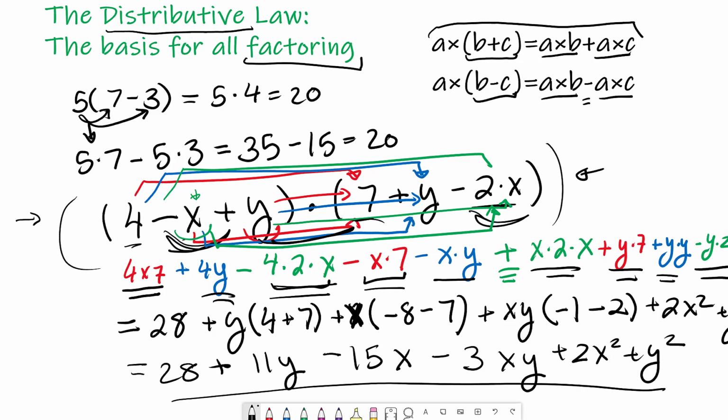But what we've done again is we've taken every term in this parentheses on the left, so every one of these terms here, and we multiplied by every one of the terms here. And we added up or subtracted according to the sign in front of the two terms we were multiplying by. The important thing is that we multiplied every term.